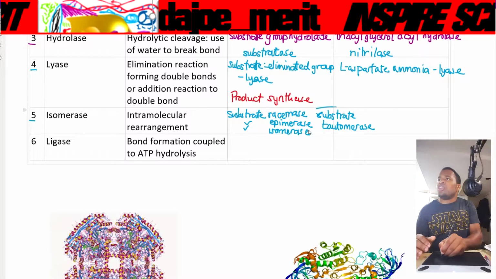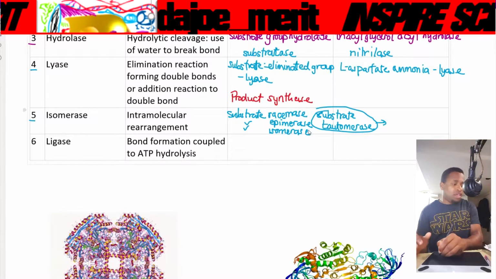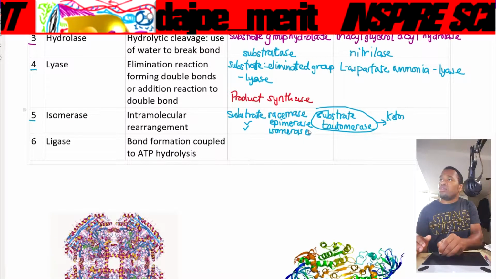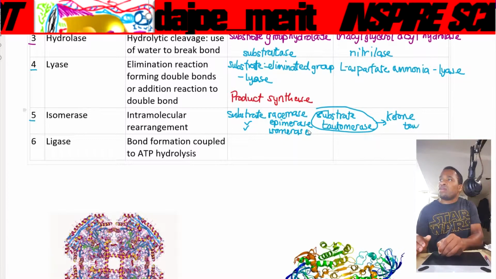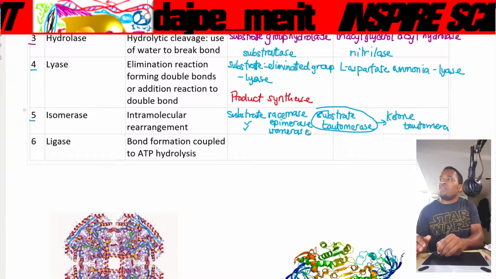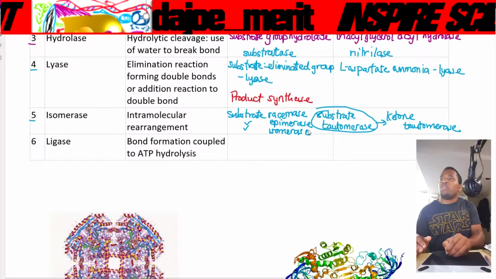So an application of this one right here for the substrate tautomerase is, for example, we can have a keto tautomerase, or we can have one in here with the substrate racemase.